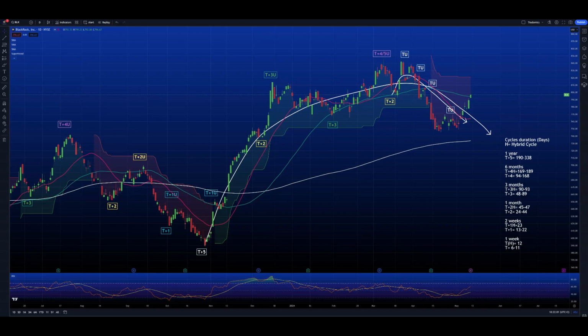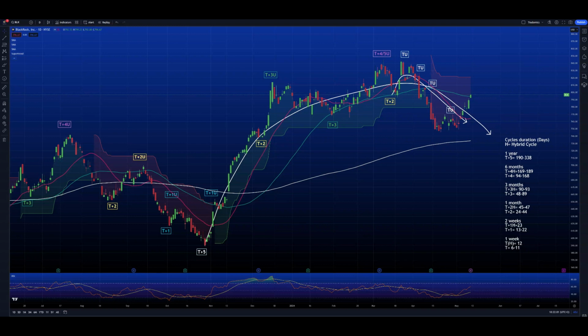So now we can update the chart. First of all, here we have to remove the T plus 2, but the market gave us additional information. Therefore, here we can put a T plus 1 of 23 bars.